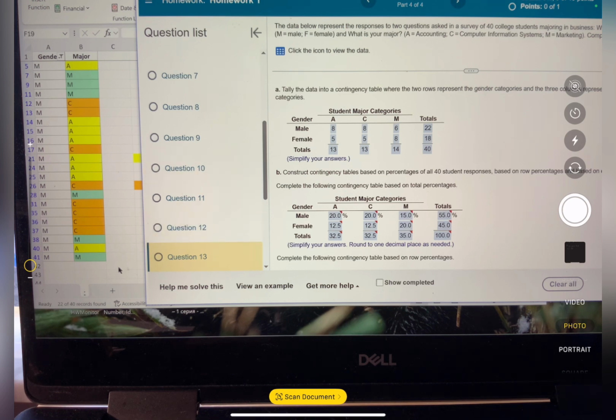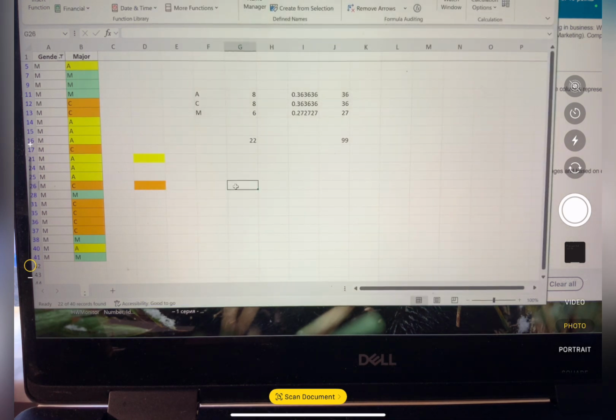Okay, so we have 13. So we need to get 8 by 13. This is 8. Here I am typing 13. So it's going to be equal sign 8 divided by 13.